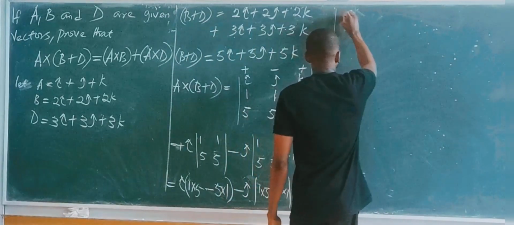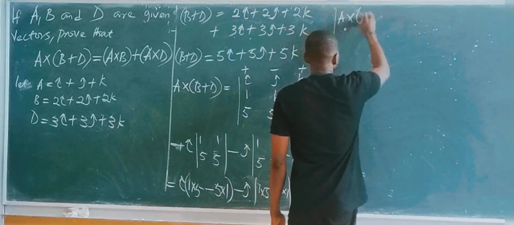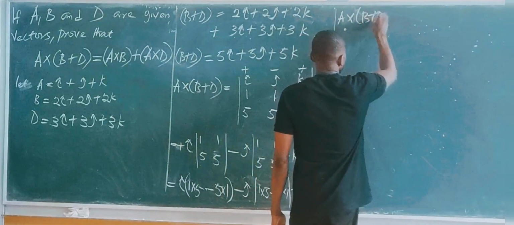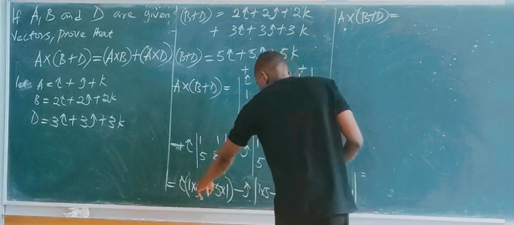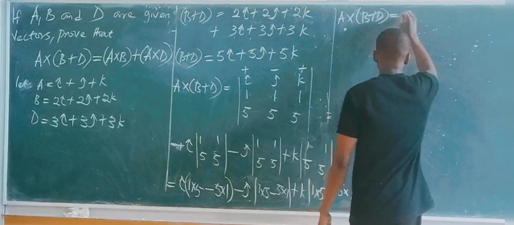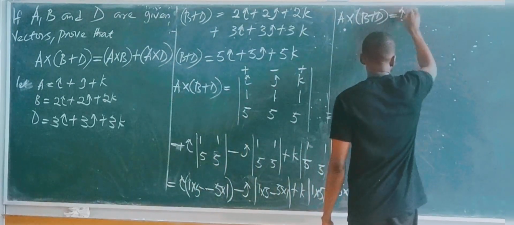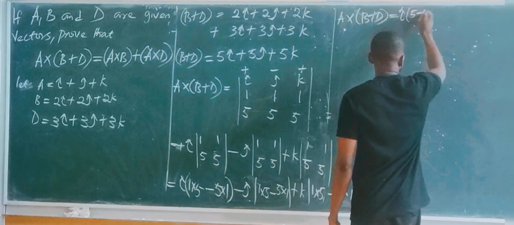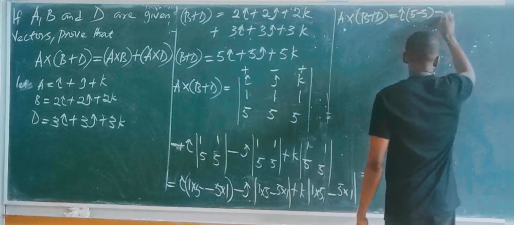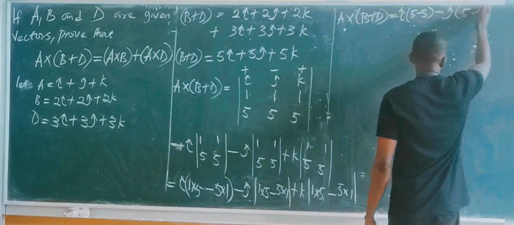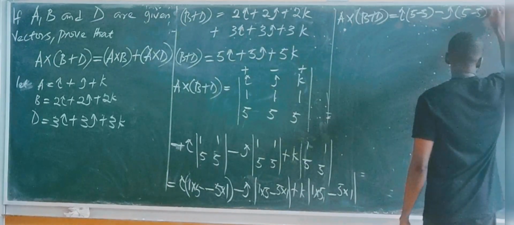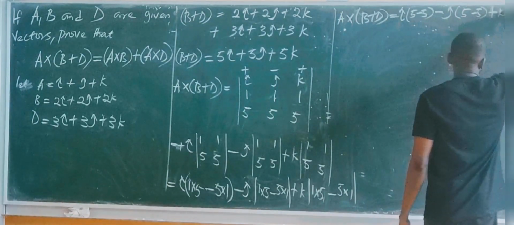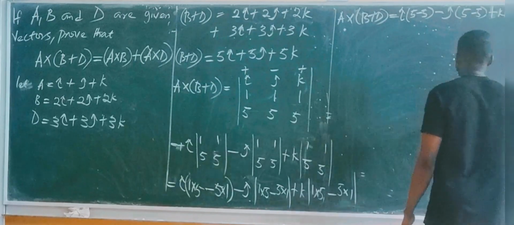Alright, so I'm going to have that A cross B plus D is now equal to, of course, 1 times 5 is simply 5. So I'll simply have i into 5 minus 5, minus j into 5 minus 5, plus k into 5 minus 5.